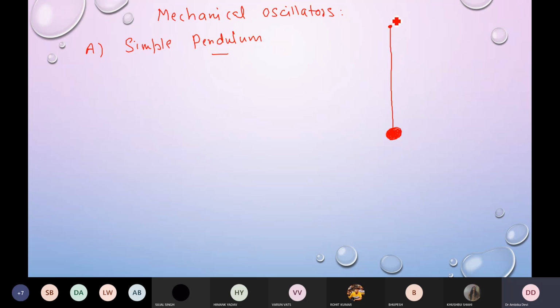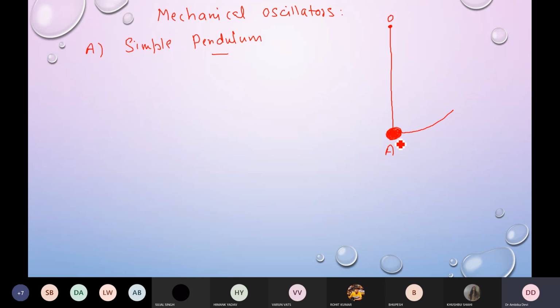Let us say this point is O, and this is the position of equilibrium of the pendulum. Let us say the equilibrium position is at A. When some force is applied on this pendulum, it will start moving, and it will start possessing simple harmonic motion.